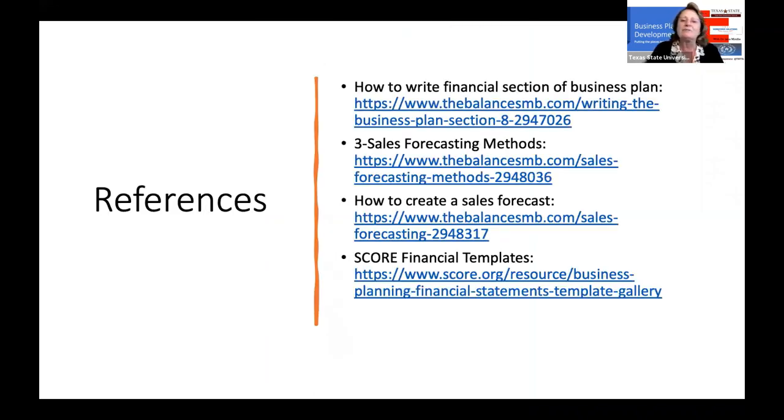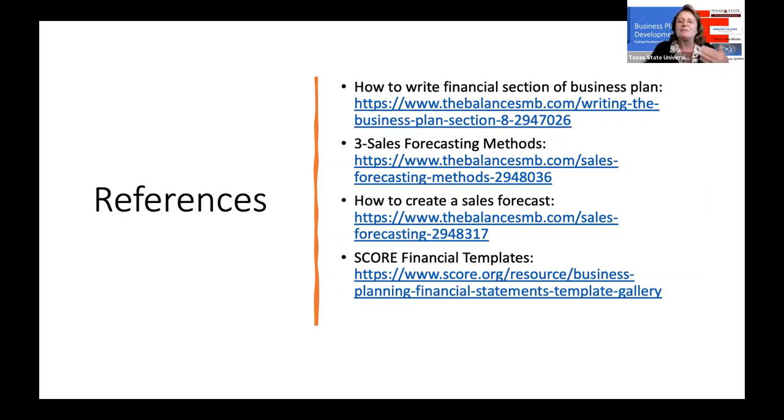And lastly, here are some references that I highly recommend for you. Again, I'm sending you back to the SBDC. Well, I don't have the SBDC here, but SCORE. SCORE has some exceptional financial statements or templates that you can use to help you in developing your financial statements. And there are some other examples about how to generate a sales forecast, different sales forecast methods in here.